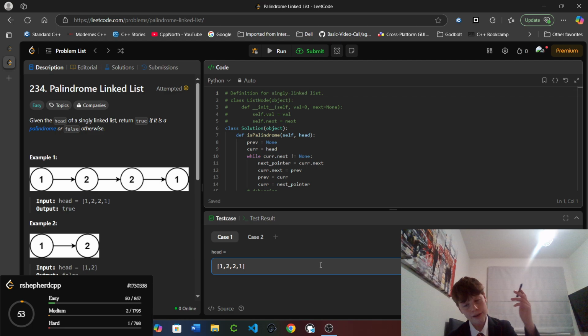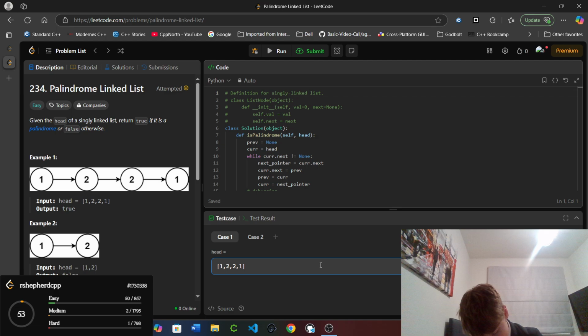If left.data is not equal to right.data, then we're going to return false. Otherwise, we're just going to do left equals left.next, right equals right.next.